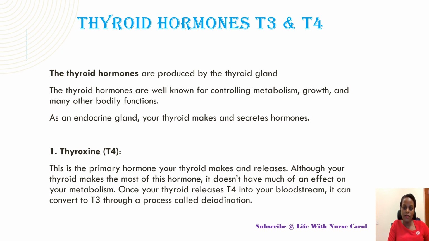So while it's the highest concentration released, or the most common form of thyroid hormone released, it has the least potency. The one that has the most potency is T3, even though it has the least concentration released.